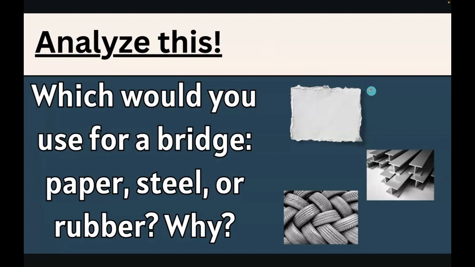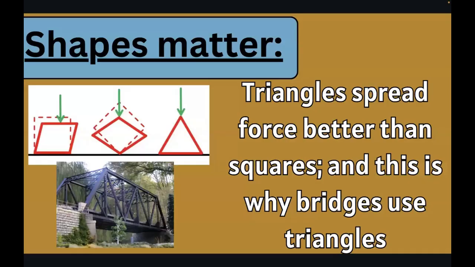And I want to touch on shapes as well. A lot of people have wondered why so many bridges use triangles in their designs. Triangles spread out force evenly and keep structures stable. If you build it with squares, you can see here it would start to kind of lean.